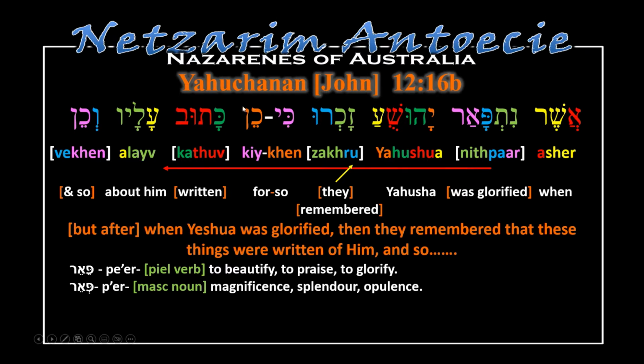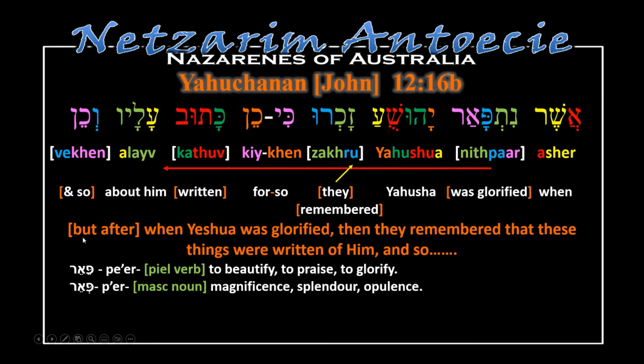Ki, ken. And ki can be for or that. And then ken is so. For so, katuv. Katuv means written. Alayv, about him, concerning him in other words. The ken, and so.